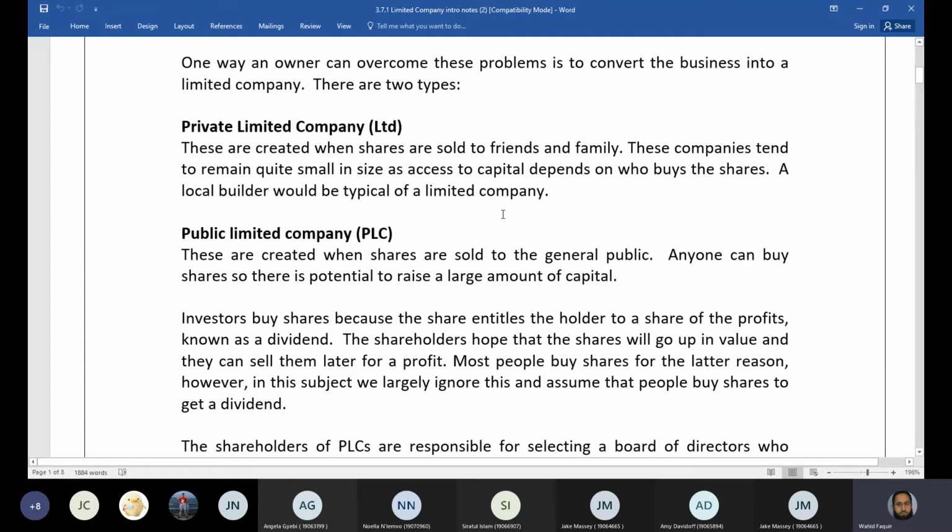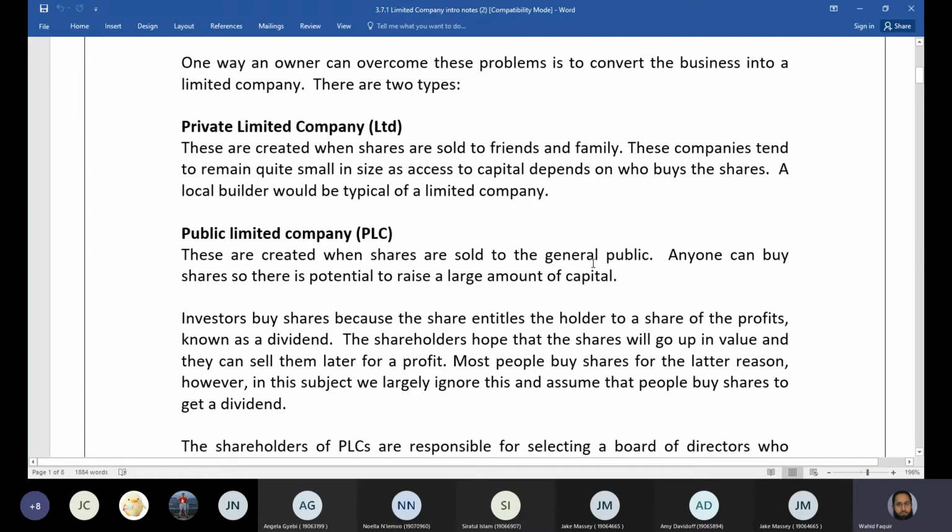Essentially, the main difference is if you have a public limited company, and these are all your well-known companies, Tesco, Manchester United, Nike, you can buy shares in them. Anybody can buy shares in them. You and I, Lloyds Bank, Barclays Bank, companies can buy shares in companies.